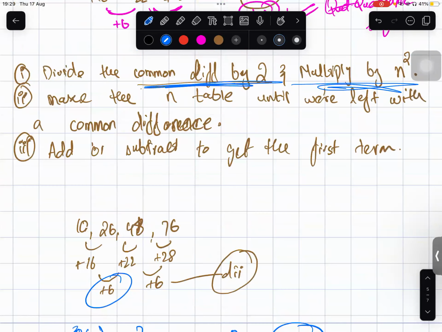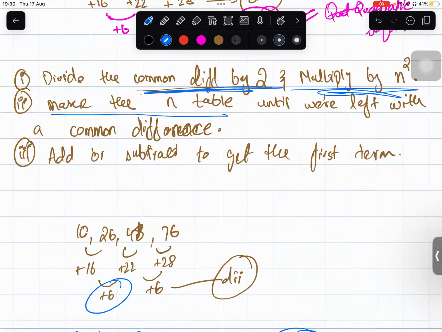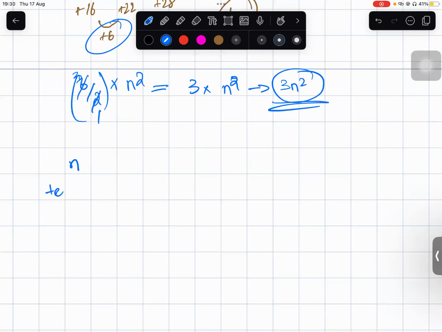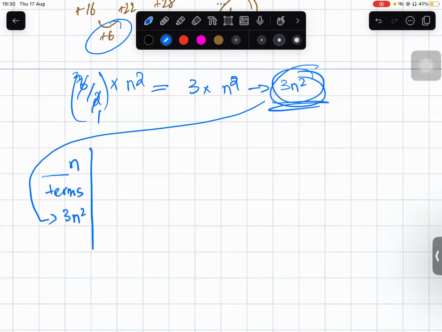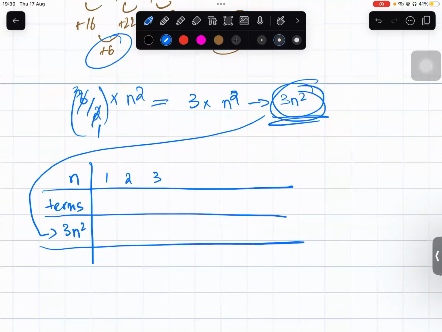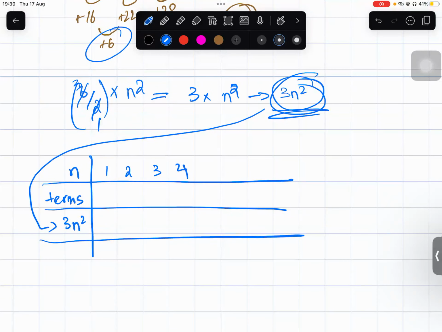Now we have to make the n table. Okay, now let's make the n table. We'll write n here, then we'll write the terms, then we'll write this 3n squared. We have 4 terms. We'll write 1, 2, 3, 4.